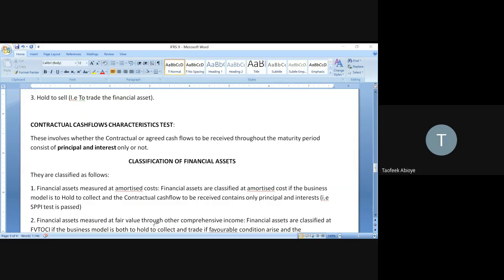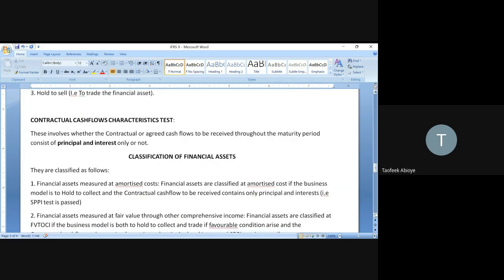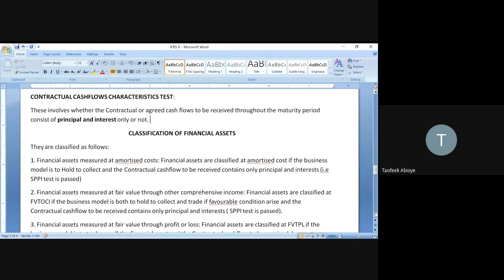Now, the basis of classification. We have understood the two tests that we talked about. Now, what is the basis of classification? Number one is financial assets measured at amortized cost. When do we measure any financial asset at amortized cost?